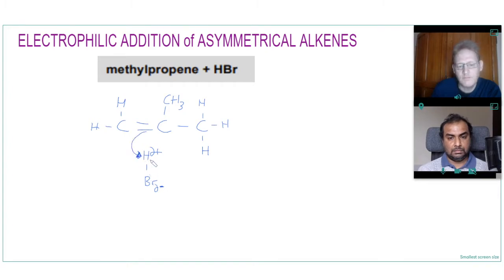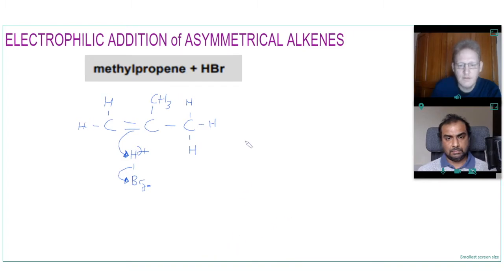And therefore, the hydrogen bromide bond electrons can go to the bromine. And now we have a choice of which carbon the hydrogen adds onto.